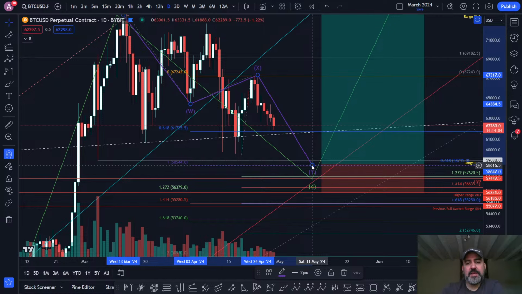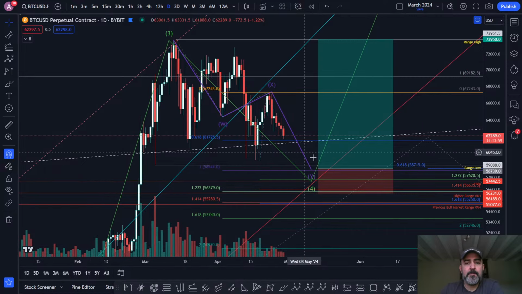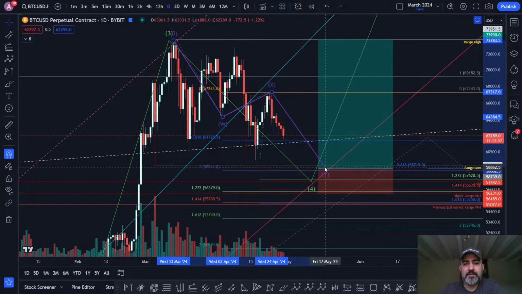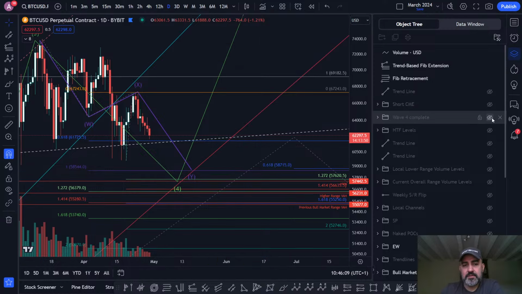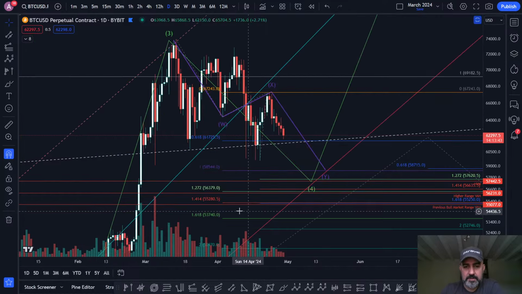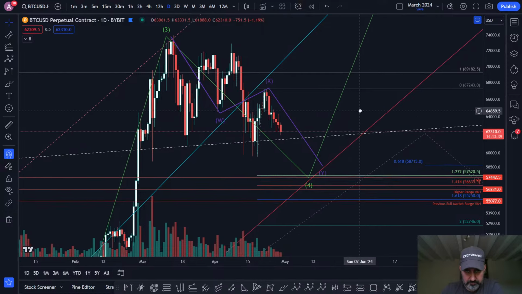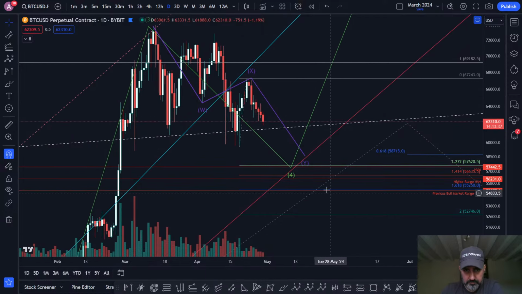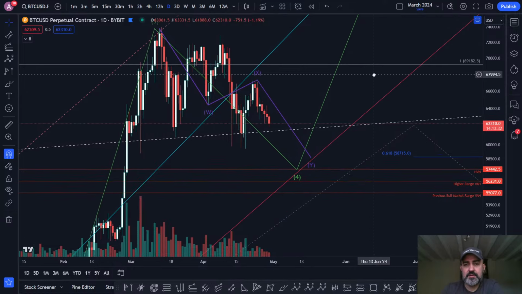So that would not be a failed auction if we did a 1-to-1 on that. And if you angle it correctly, let me just get rid of this trade idea. Where is it? Let me just get rid of that. Let me get rid of this extension. Just get rid of these now.